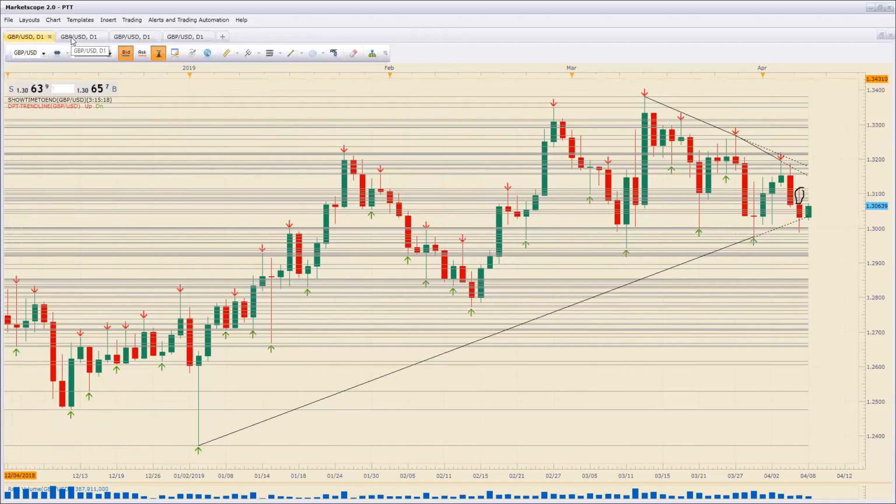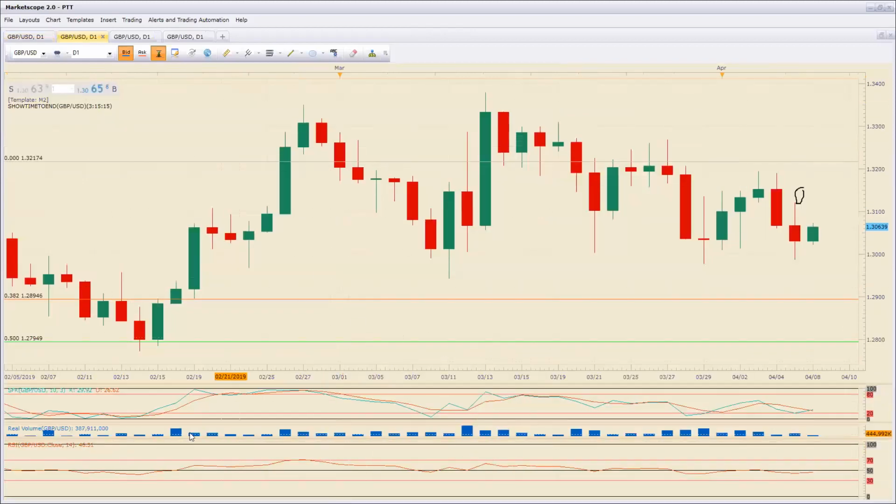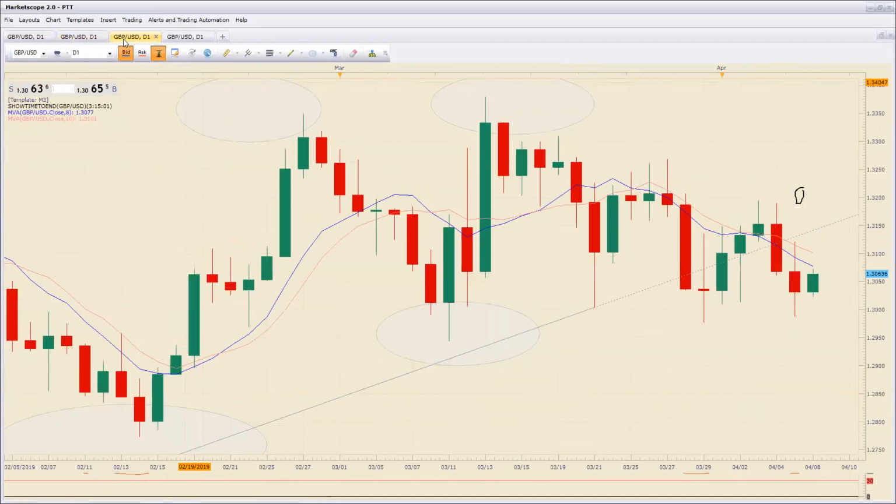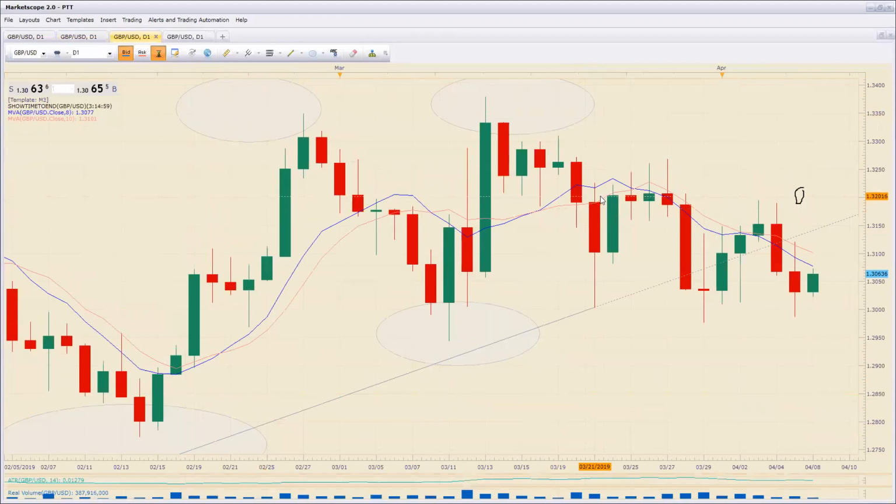In actual fact, it's oversold. It's on the 25th percentile. Okay, look at your moving averages. It's below the 8 and the 10. So you can argue, hey, it's still below the 8 and 10.